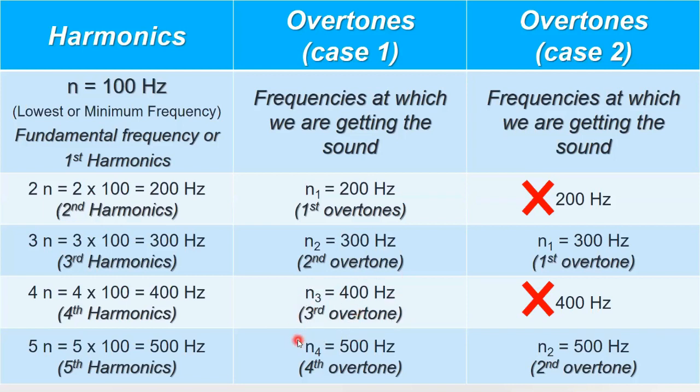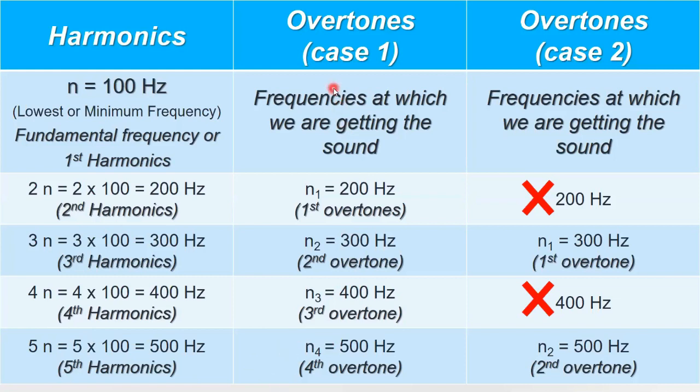Similarly, the next frequency in the given sound is 500 Hertz. So we will say that 500 Hertz is the frequency of the fourth overtone, and this 500 Hertz can be written as 5 into N. That means the fundamental frequency is being multiplied by 5. So it is your fifth harmonic. So 500 Hertz is nothing but the frequency of the fifth harmonic or the frequency of the fourth overtone.